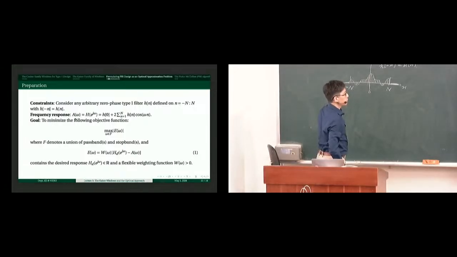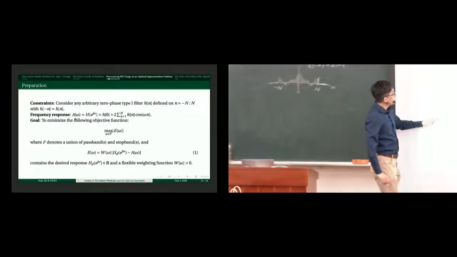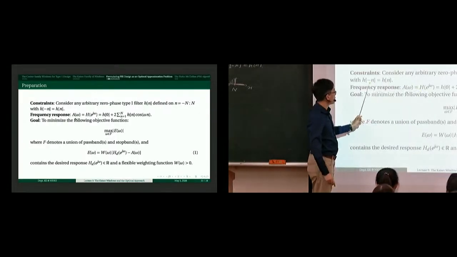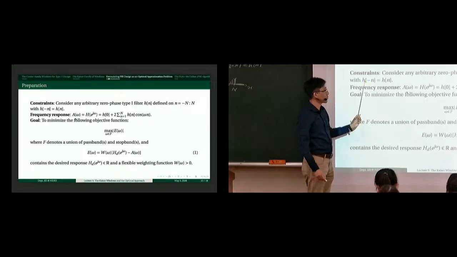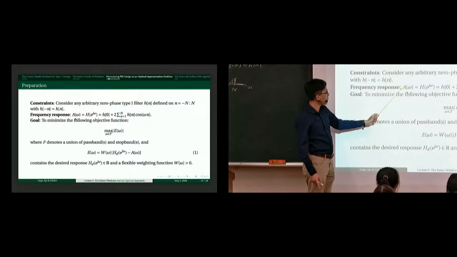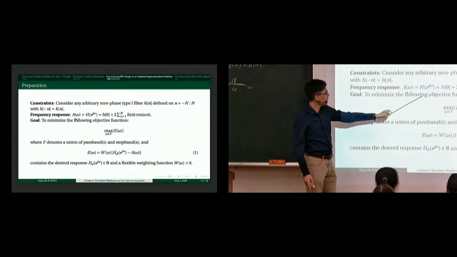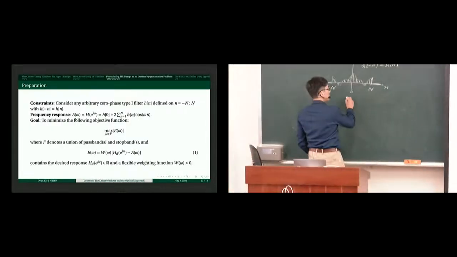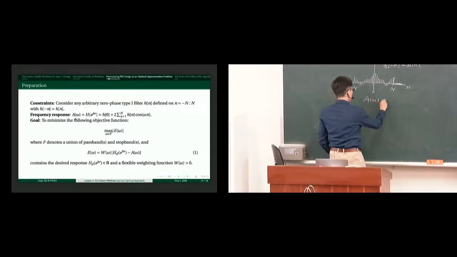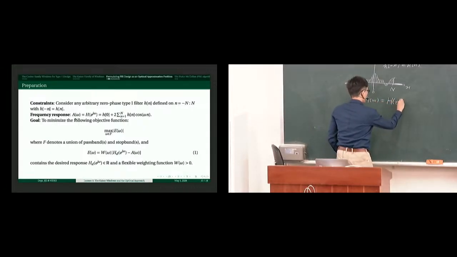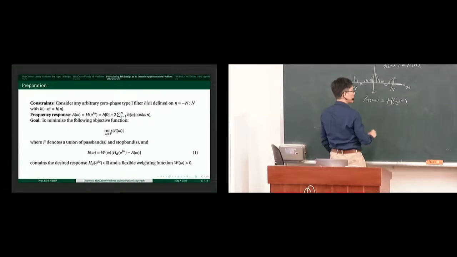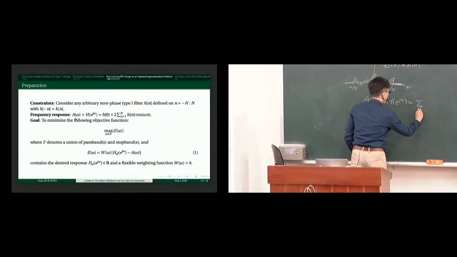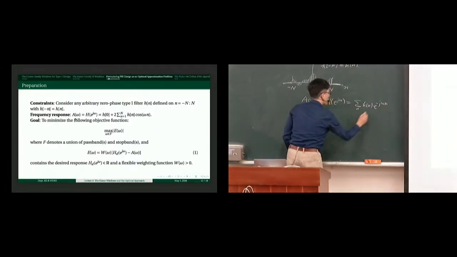Then quickly, the Fourier transform of the impulse response gives you the frequency response. If we denote it as A of omega, you realize that it has this expression. A of omega is the good old Fourier transform of the impulse response, by definition the sum over all n of h[n] e to the minus j omega n. We've seen this many times.